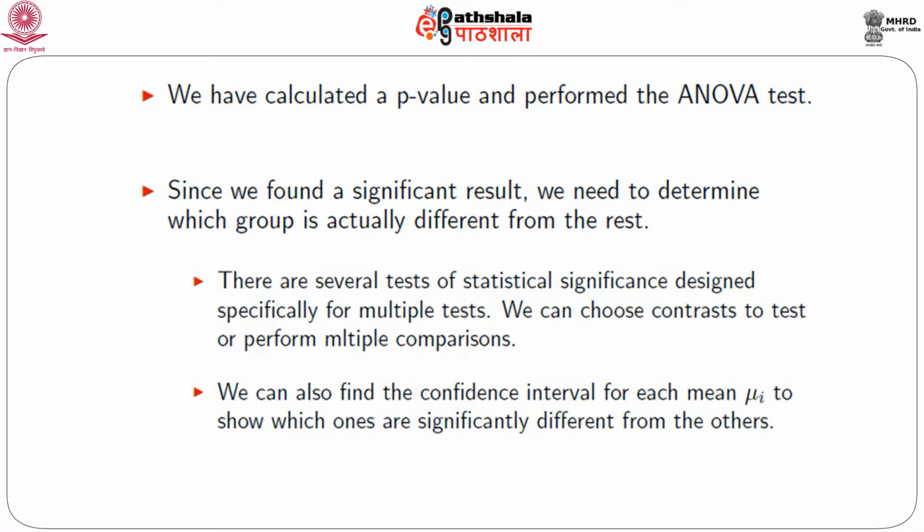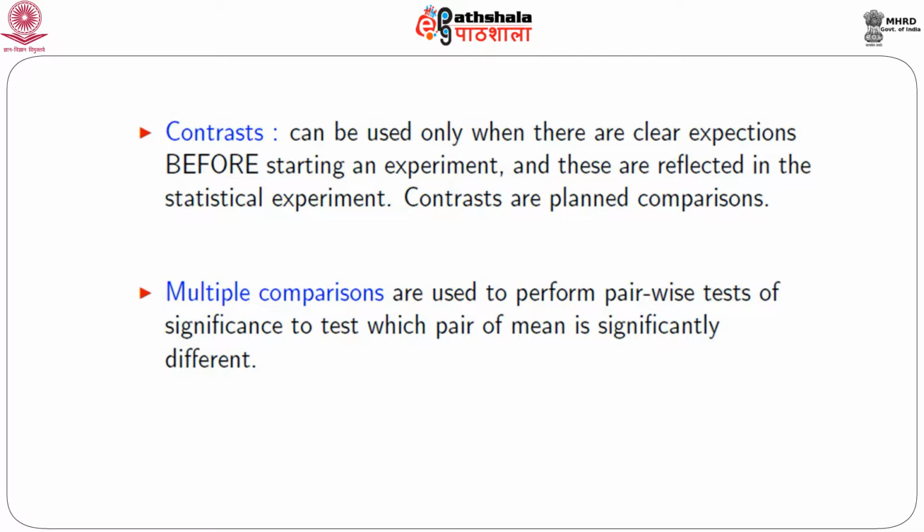Contrasts can be used only when there are clear expectations before starting an experiment, and these are reflected in the statistical experiment. Contrasts are planned comparisons. Multiple comparisons are used to perform pairwise tests of significance to test which pair of means is significantly different.